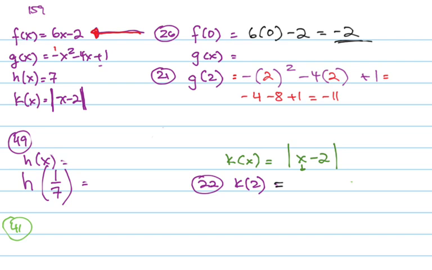Which one do you want to pick? One of the two is the correct answer. So for the absolute value, you replace x with 2. 2 minus 2, treat that just like it was parentheses, 2 minus 2 is 0. The absolute value of 0 is 0.